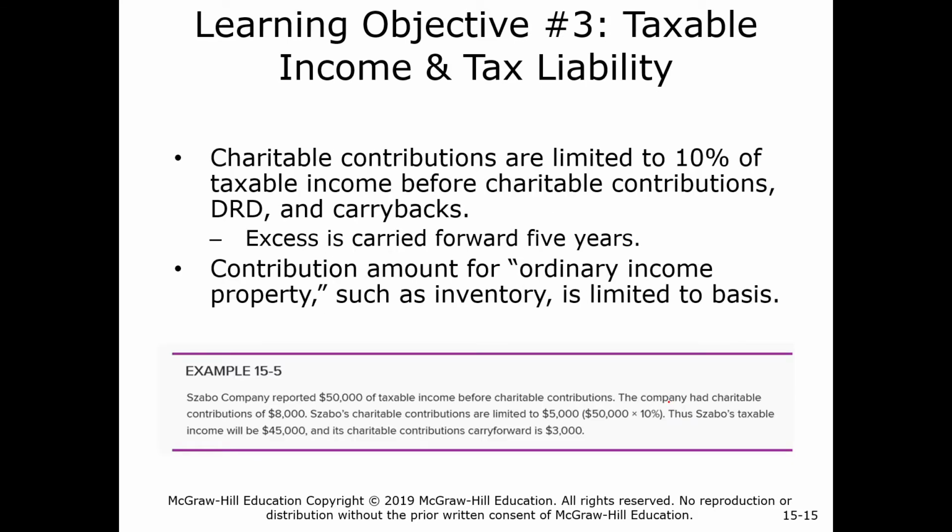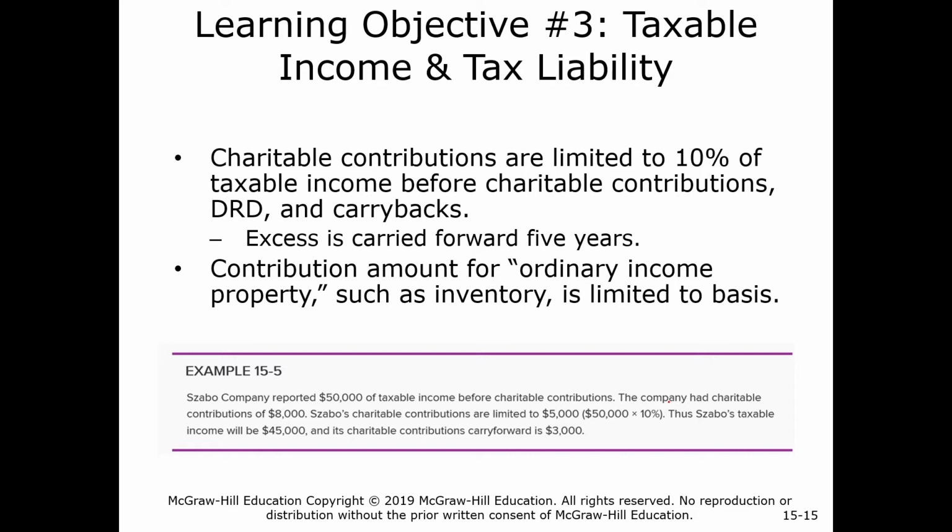Another difference is the charitable contributions. For corporations, these are limited to 10% of taxable income, and we'll have to make some adjustments. If we deducted charitable contributions in arriving at our taxable income, we will have to add that back, because what we're looking for is taxable income before charitable contributions.